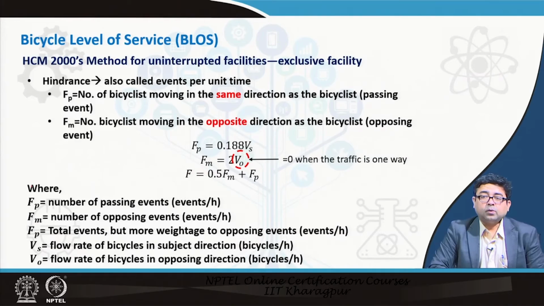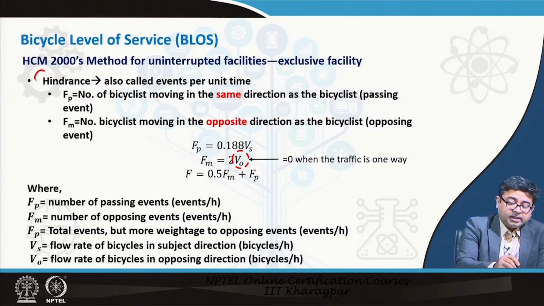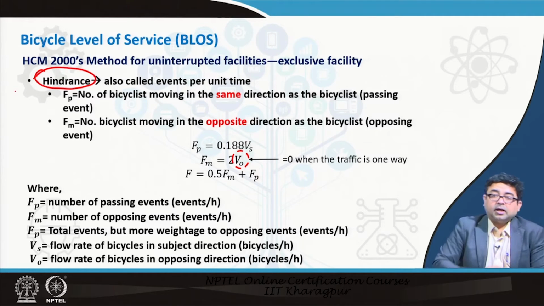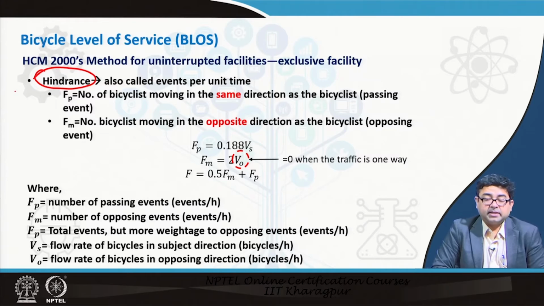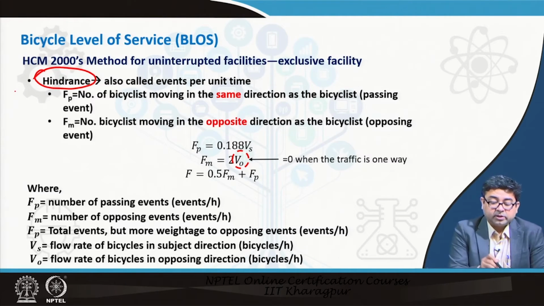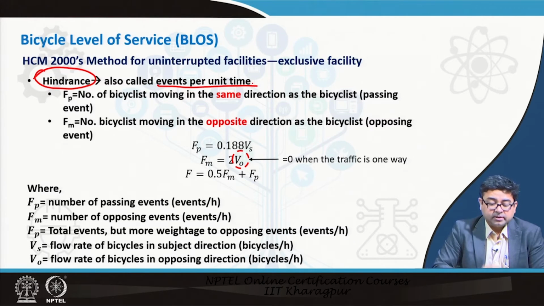And then what the Highway Capacity Manual tells you to calculate is the hindrance faced by these bicyclists. They have coined this term. This term is called hindrance, which is also called events per unit time. So, what are these events?